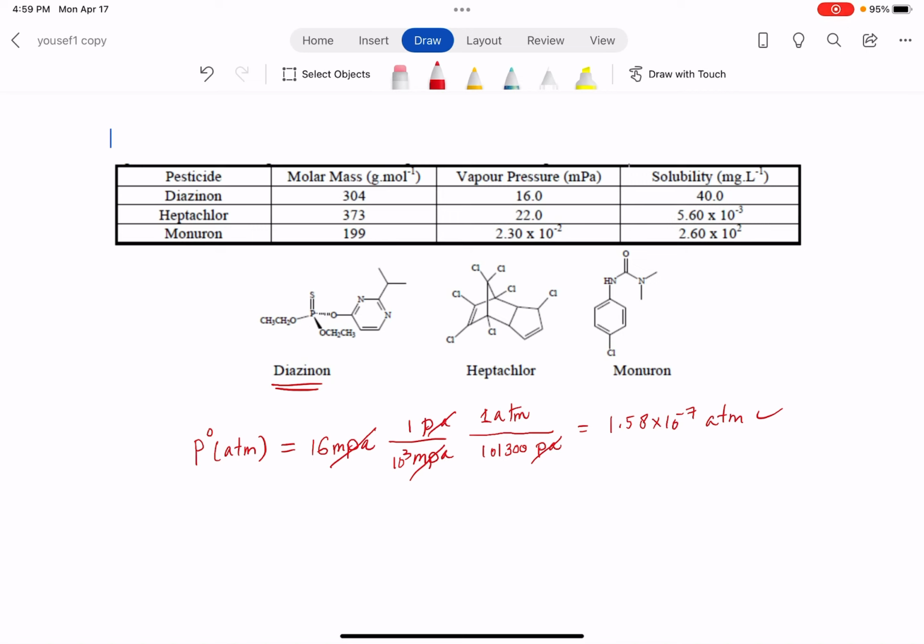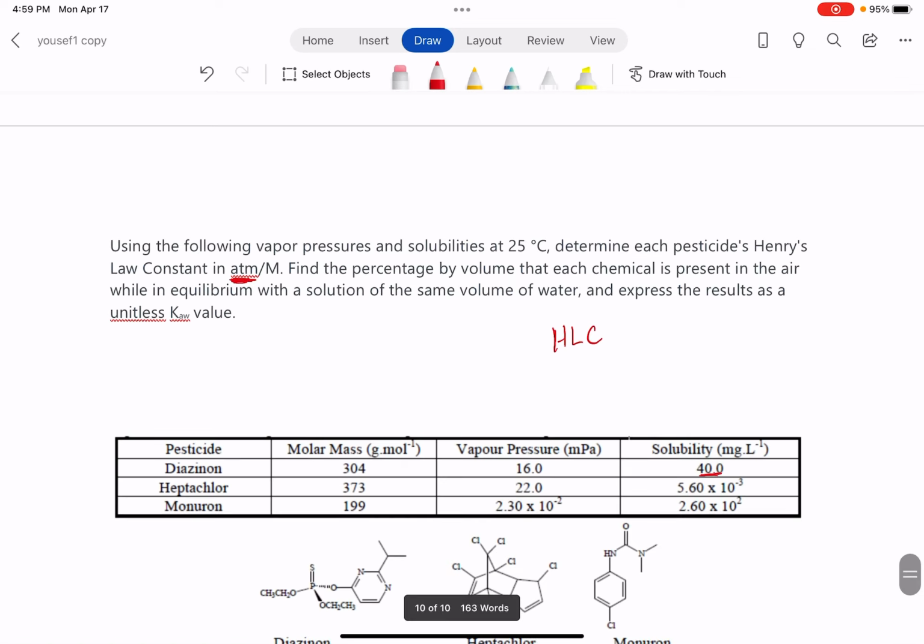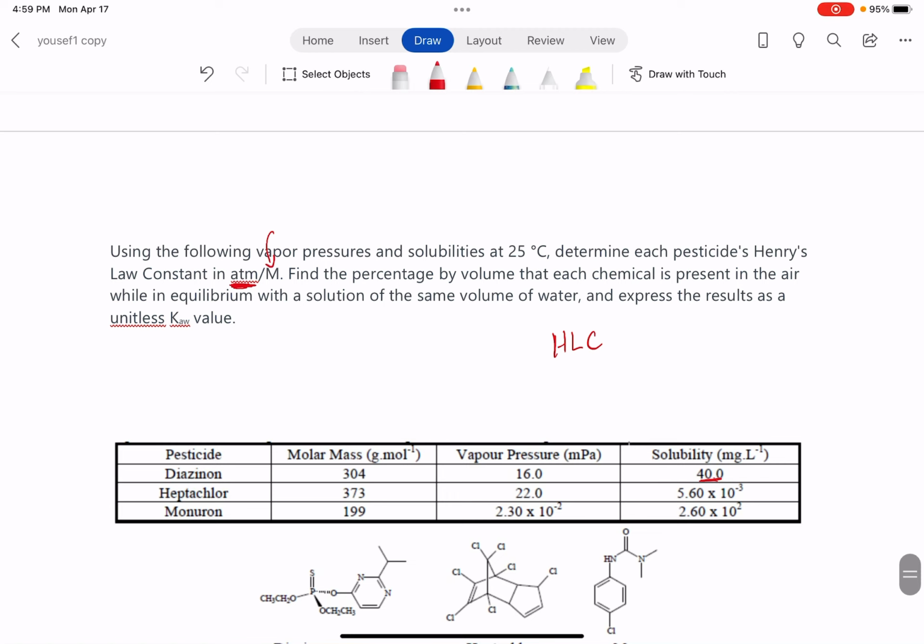Now we want to convert also the solubility from milligram per liter to molarity, because remember, he wanted molarity here. This is molarity, mole per liter.